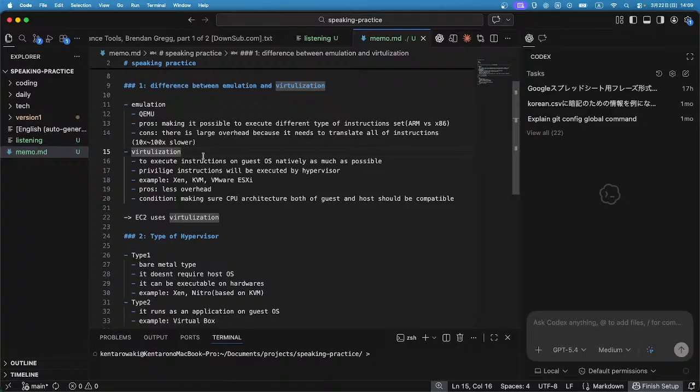because there are instruction set CPU architectures, some types of CPU architecture, and the Mac OS uses ARM architecture. But when I want to use software which uses a different architecture, I needed to use emulation.